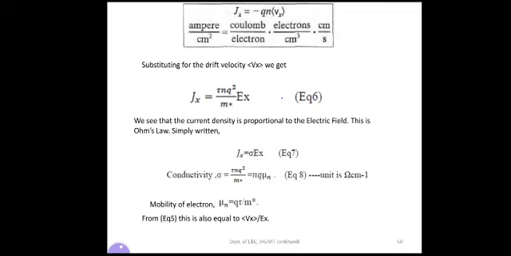Now the mobility of electron. What is mobility? How the electron is going to move, what is the speed of the electron. That is the mobility of electron, denoted as mu n, and mu p is the mobility of a hole. So mu n is equal to q into tau by m asterisk.